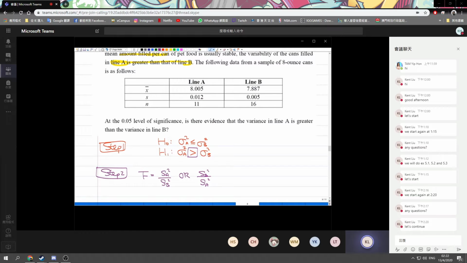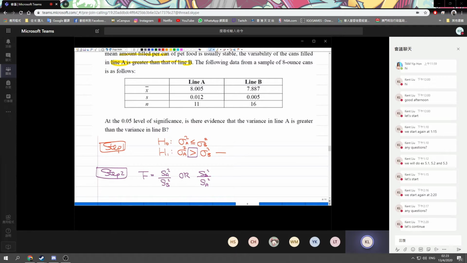Remember, the F table we have only gives the right tail area, about 2.5%. So we have to make sure the test statistic is something greater than something, and that we only check the rejection region on the right side.